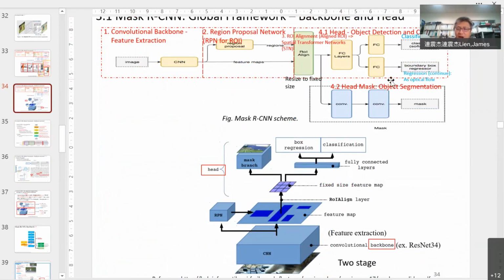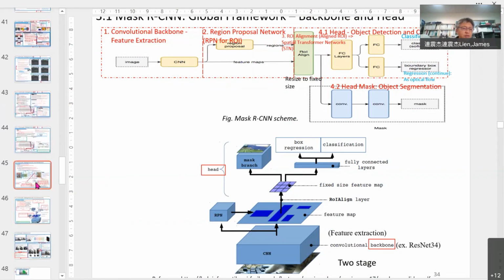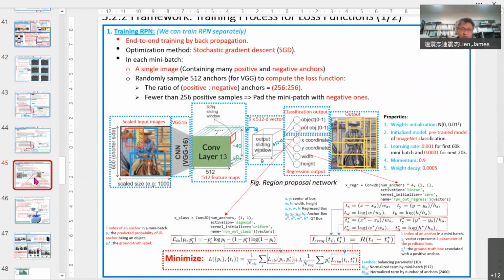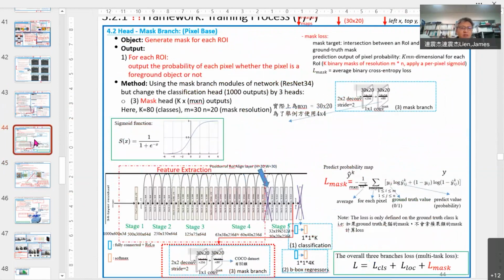Mask has an additional connection here, and this is pixel wise. So previously we talked about everything being the same as Faster RCNN, and then we have an additional loss function, which is the mask here.